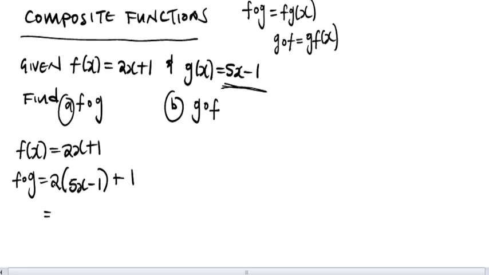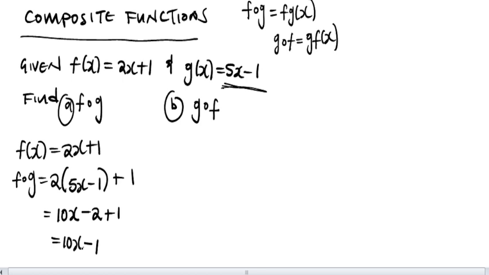Then 2 times 5x becomes 10x. 2 times negative 1 is negative 2, plus 1. So we get 10x, and negative 2 plus 1 is negative 1. So the final answer for fog is 10x minus 1.